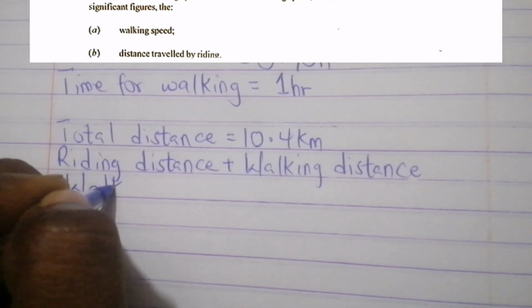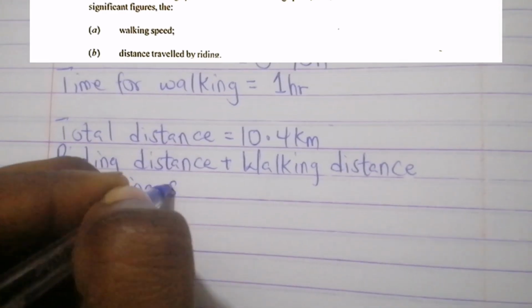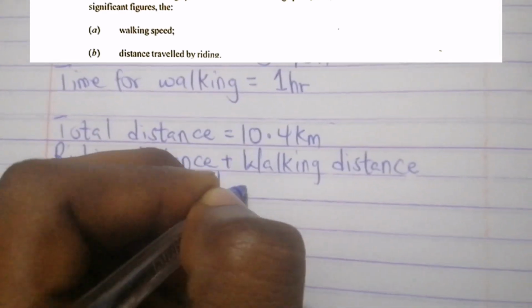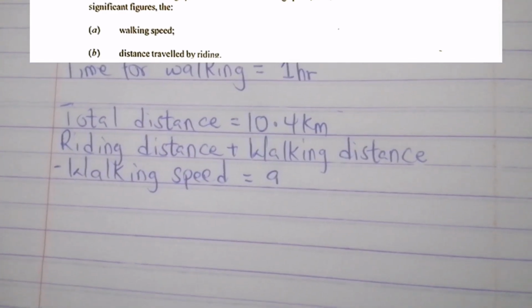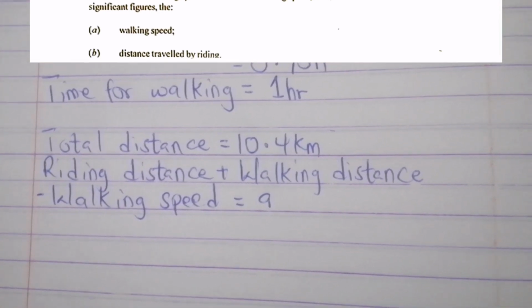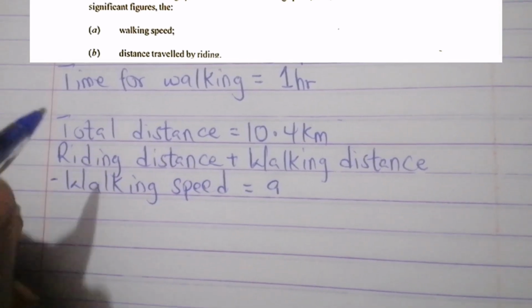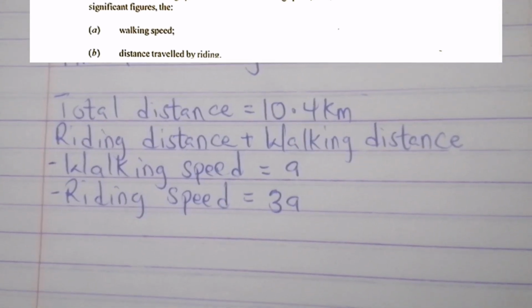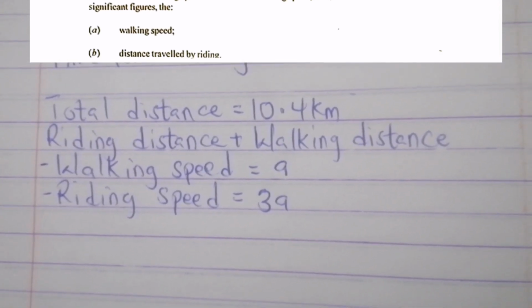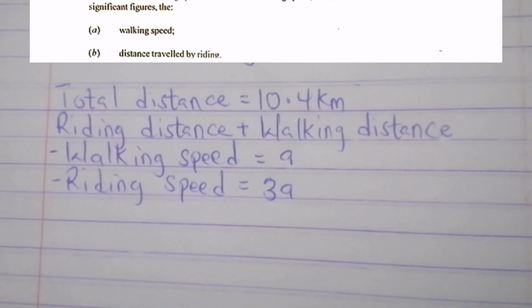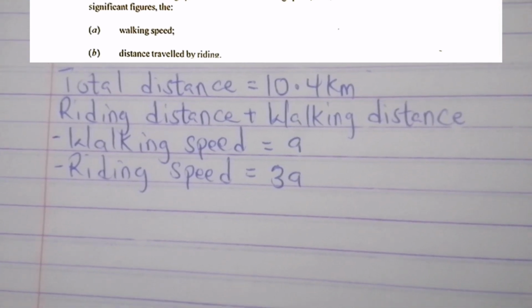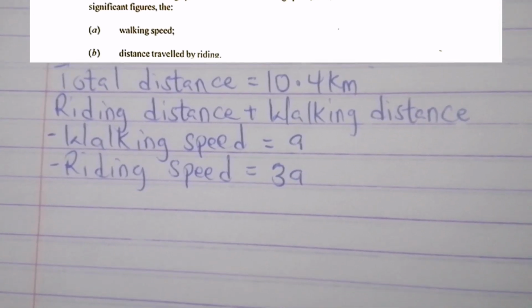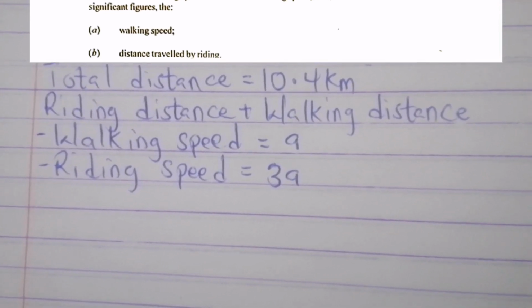We'll say let the walking speed be equal to A. If the walking speed is A and they are saying the riding speed is 3 times the walking speed, that is 3A. With this information, we can go on to find the distance for riding and the distance for walking.